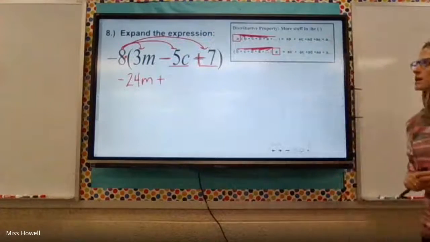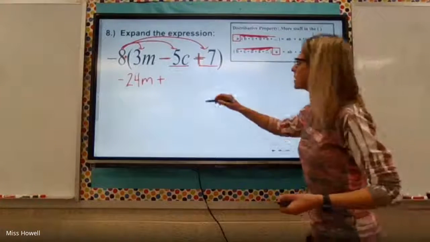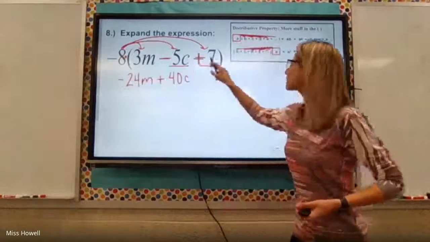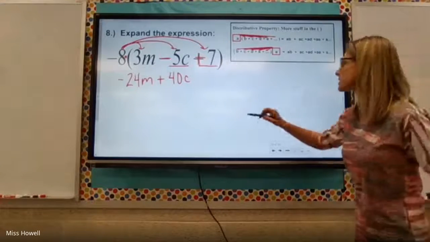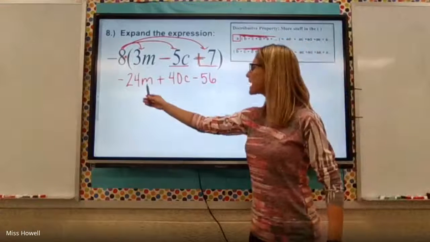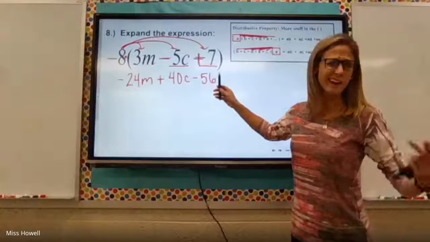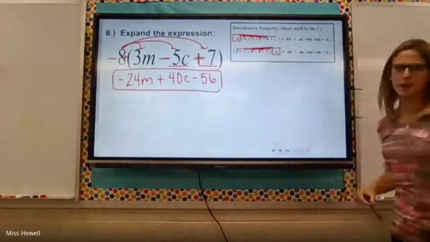So -8 times -5c would give us a positive or plus 40c. And then back here, a negative times a positive would look like a negative or subtract. In this case, subtract 56. Again, this has an m, this has a c, and this is just a number, which are none of our like terms, so we have to keep those all separate from one another.